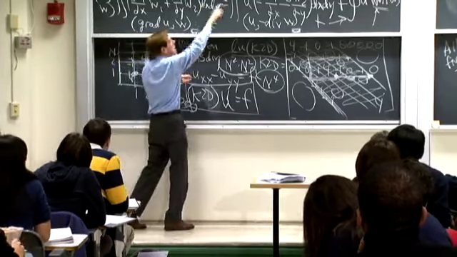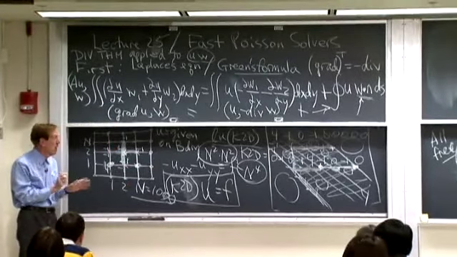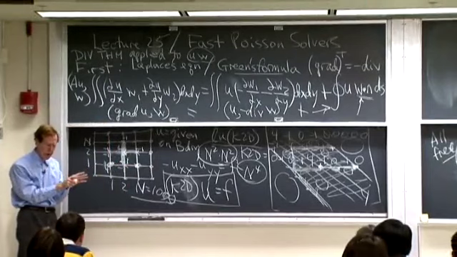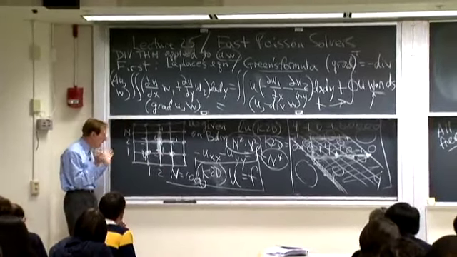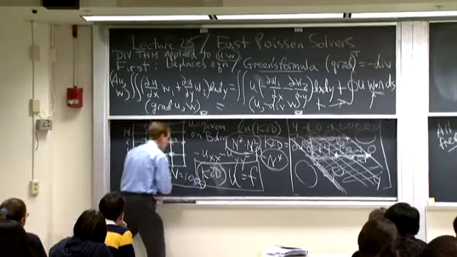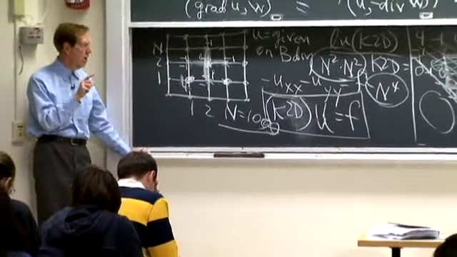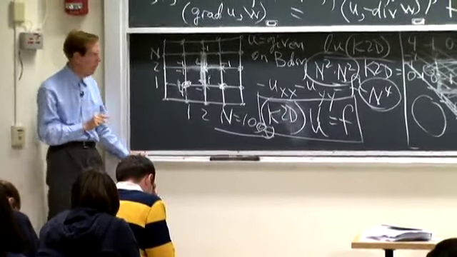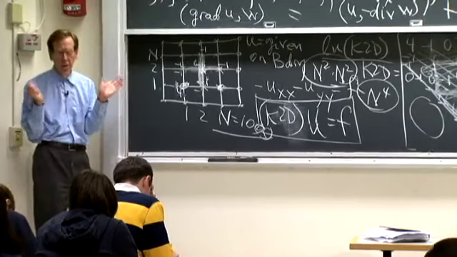So that's the topic of the lecture and the next section in the book, and I will get started on it now and then complete it Wednesday. So I want to take this particular K2D for a square and show a different way to solve the equations that uses the fast Fourier transform.